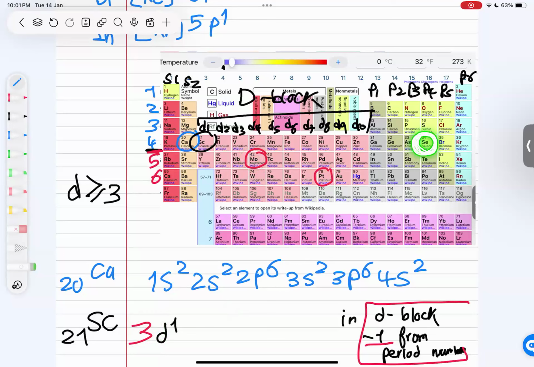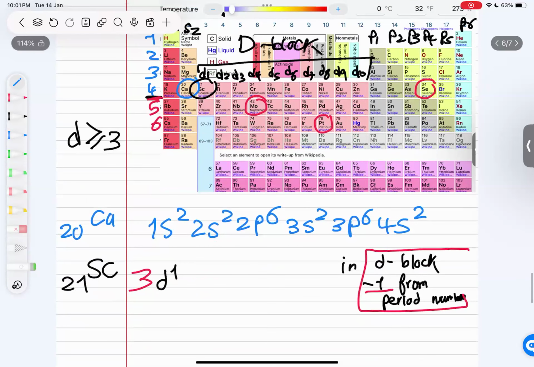And here plutonium, this one, last one, it will be 6P. I don't subtract anything; I only subtract in this one. Subtract how many? One number. So scandium will be 3D1.